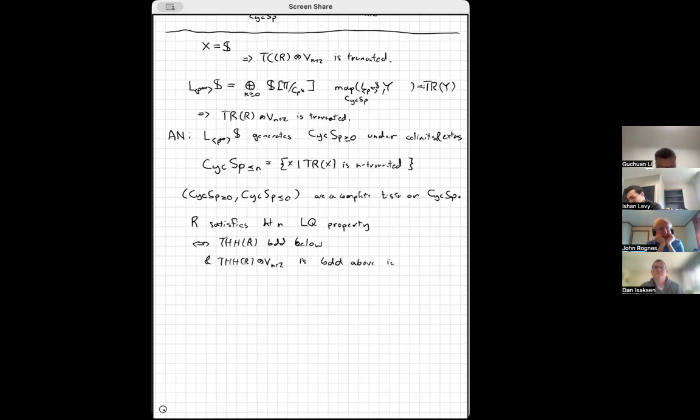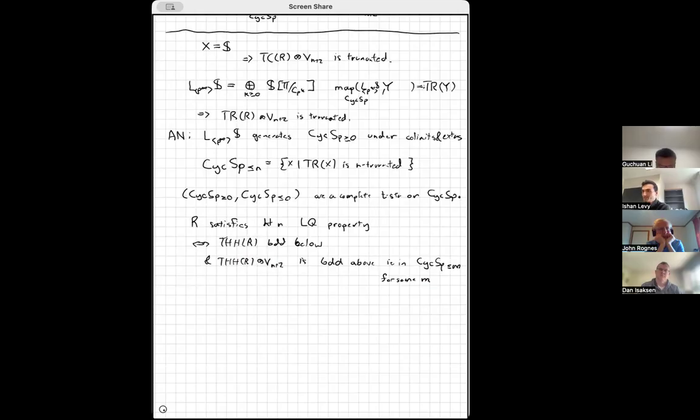So this means, i.e., in the n-co-connective cyclotomic spectra for some n. Sorry, I should probably give this index a different name. Okay, so this is just the reformulation of what the Lichtenbaum-Quillen property is, and it's really saying that it's some boundedness property of THH of your ring.